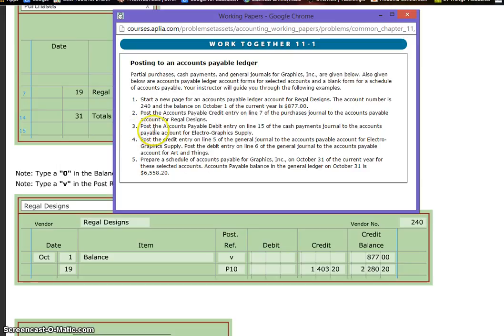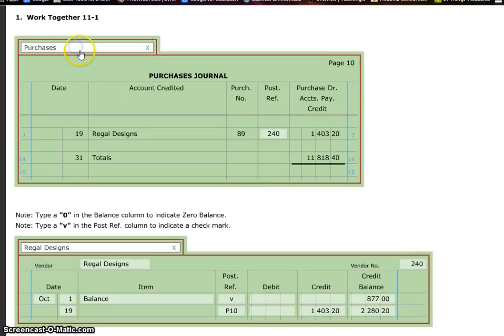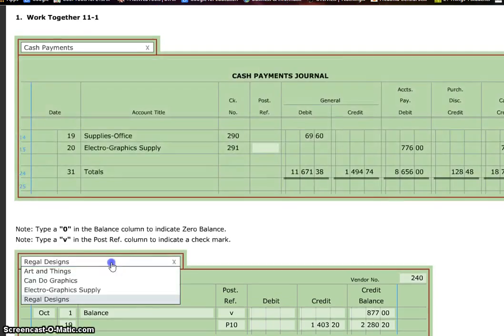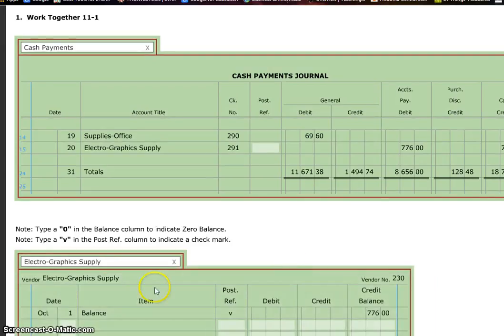Instruction number 3 says to post the accounts payable debit entry on line 15 of the cash payments journal to the accounts payable account for Electrographic Supply. So don't make this seem any harder than it is. We're going to open up our cash payments journal and our Electrographic Supply. So up here, go to cash payments, down here, Electrographic Supply.